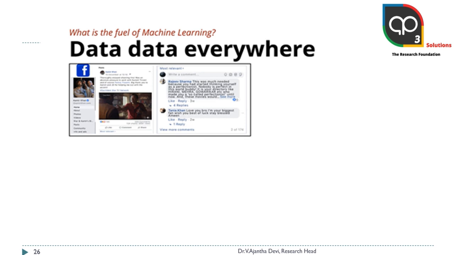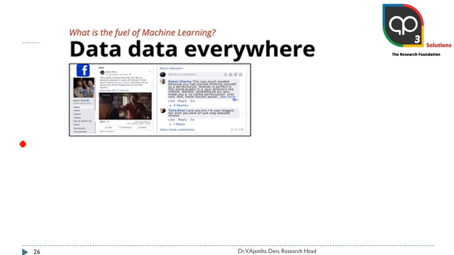Today we have data everywhere. I said this in the last session itself. Whether we eat or see, everyone has social media platforms, with logins for Facebook or Twitter or so many other social media platforms.